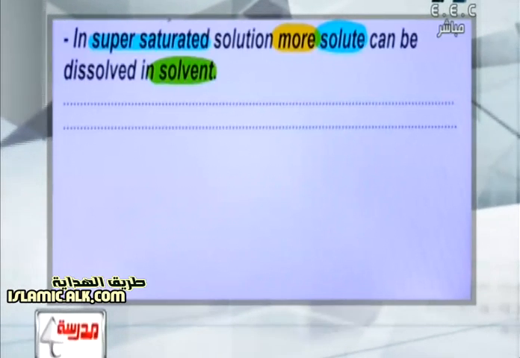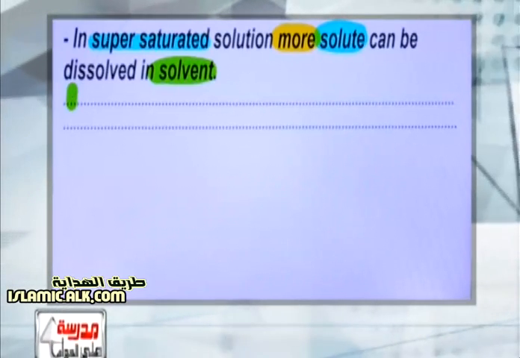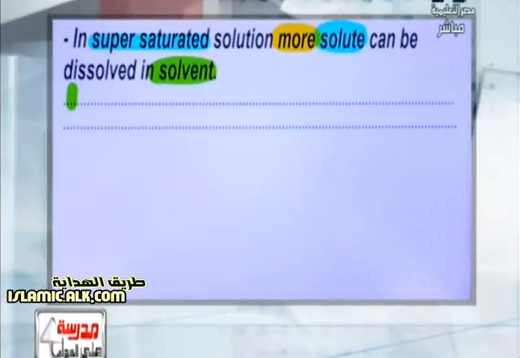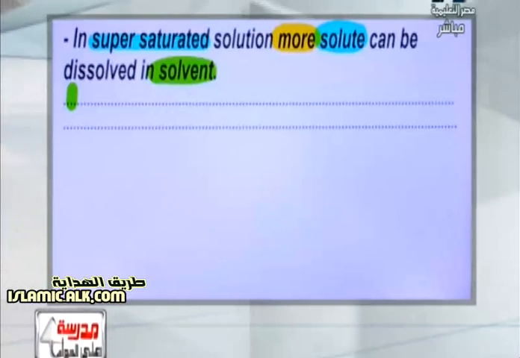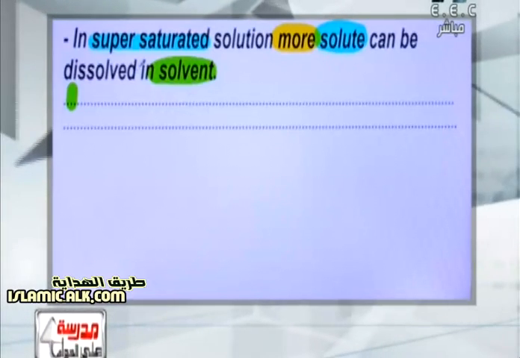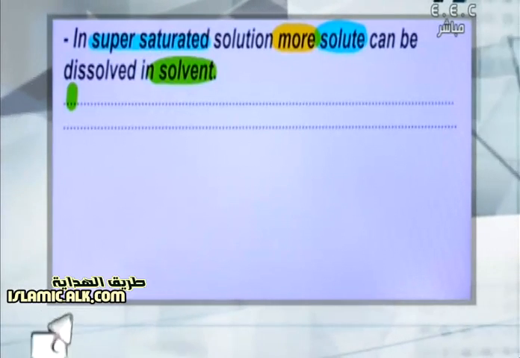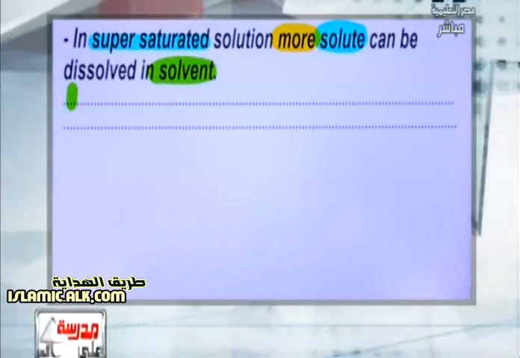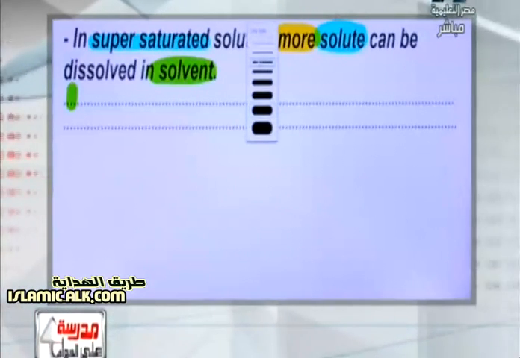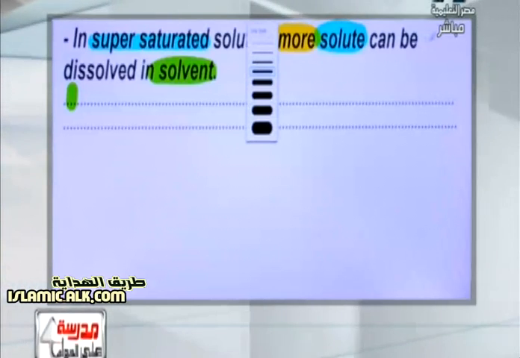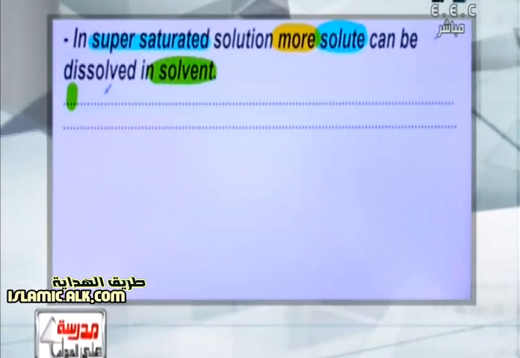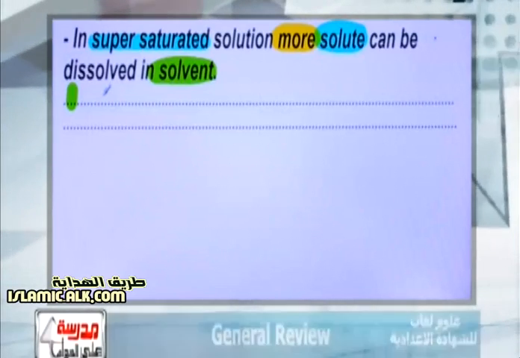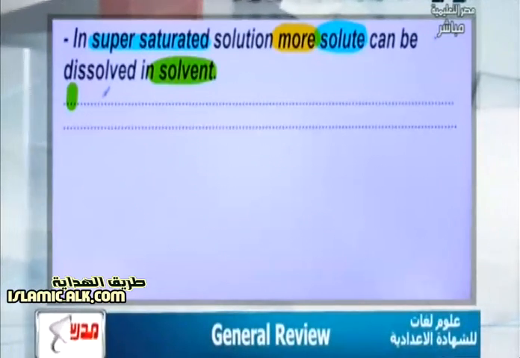Why? So I say because, and write the answer here. Because when temperature increases, the speed of reaction increases, or the intermolecular spaces between the solvent molecules increase, so more solute can be dissolved in solvent.